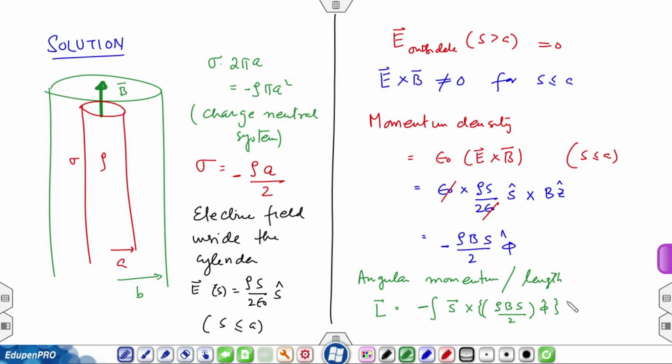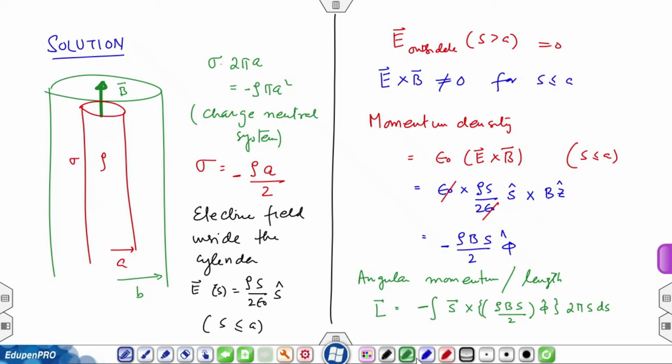Since everything is cylindrically symmetric, I will write this as 2 pi s d s. S cross phi also comes out to be in the z direction, that is why it is a constant vector.